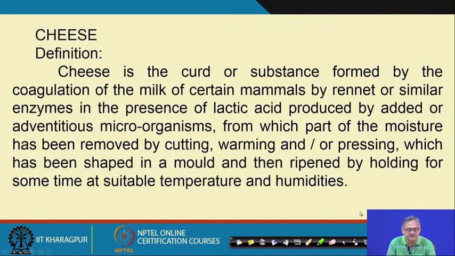By definition, cheese is the curd or substance formed by the coagulation of milk of certain mammals by rennet or similar enzymes, in the presence of lactic acid produced by added or adventitious microorganisms, from which part of the moisture has been removed by cutting, warming and or pressing, which has been shaped in a mold and then ripened by holding for some time at suitable temperature and humidities.